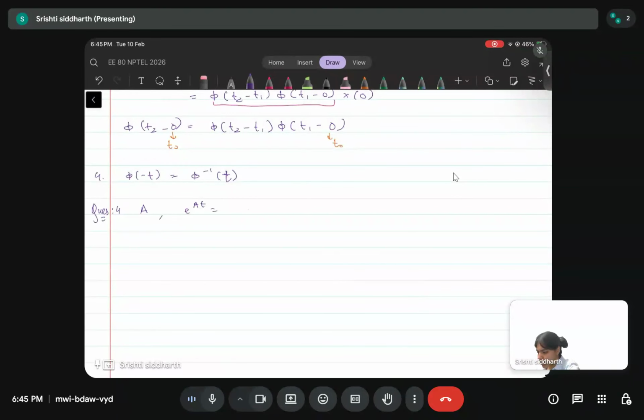So this is given as 1 plus 2a times e to the power at, and a is a scalar or a real number.